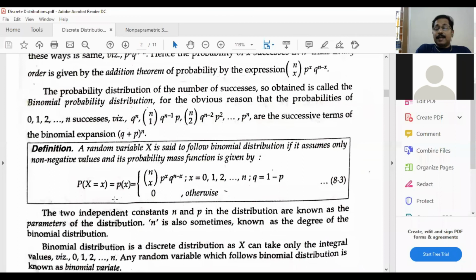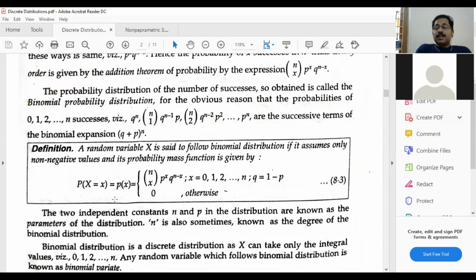Here note that x can take the values 0, 1, 2, up to n, because in n trials, no success may happen. N times you may fail, so x equals 0 also. This model is called the binomial model.